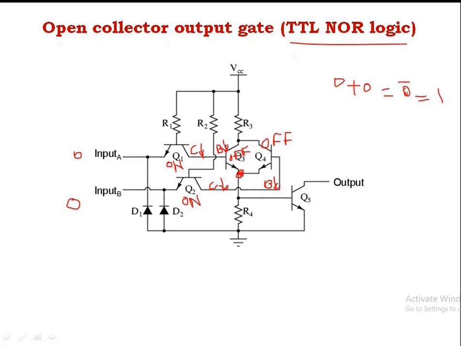So if your transistor is off, you see what is going to be your collector and emitter.